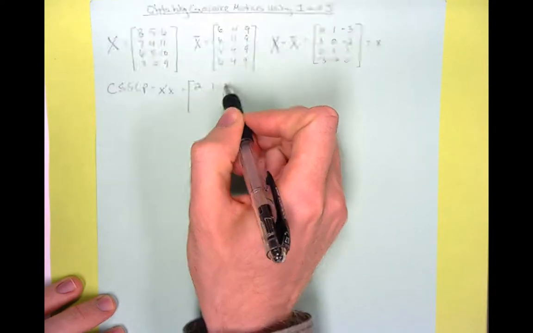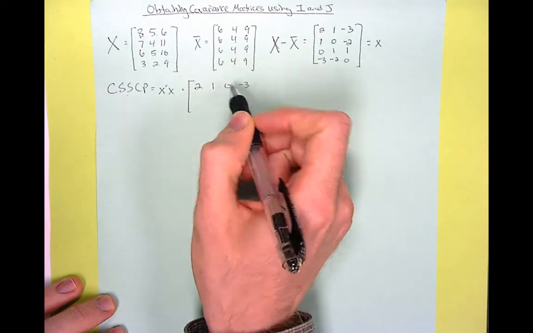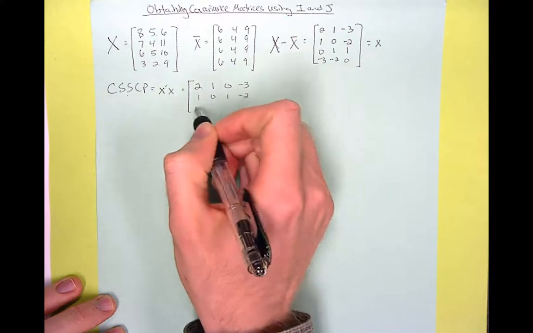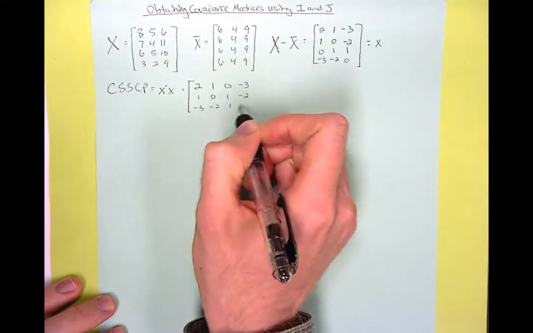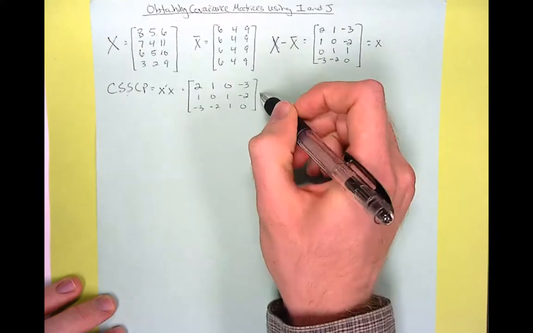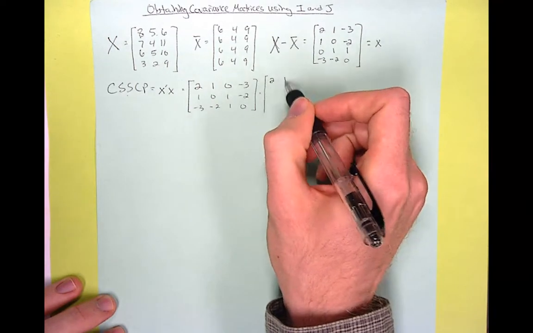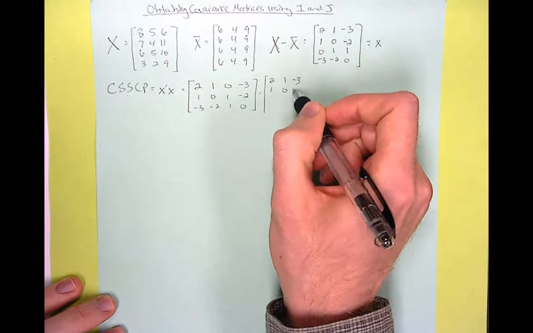You get 2, 1, 0, negative 3 going across, 1, 0, 1, negative 2, negative 3, negative 2, 1, 0. This will be times our small x of deviation scores.